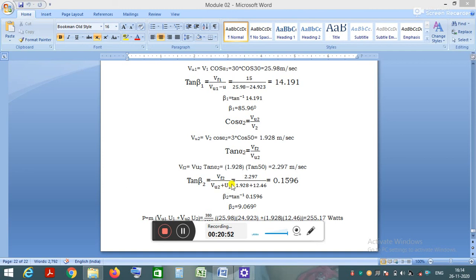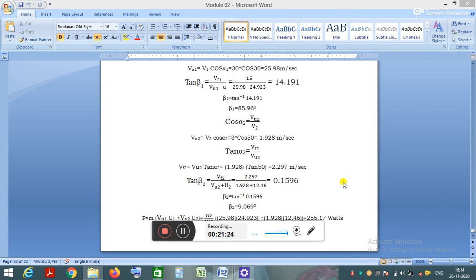U2 is already found. We need to find out Vf2 and Vu2. Vu2 can be found using the relation cos alpha 2 equals Vu2 by V2. V2 is given, so we can find Vu2. Similarly, Vf2 can be found using the relation tan alpha 2 equals Vf2 by Vu2. Vu2 we already found, so we can find Vf2. Substituting the values of Vf2, Vu2 and U2, we can find beta 2.